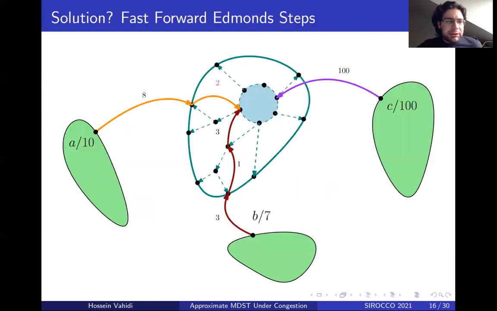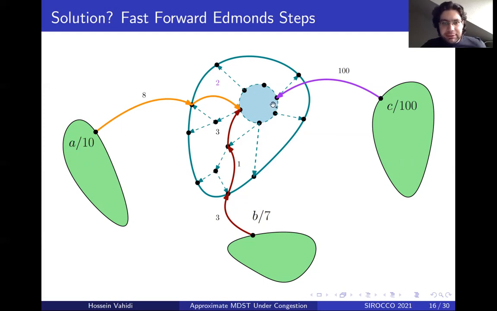So let's take a look. Consider this example here. There are 4 components here. We concentrate on this component here. This is the cycle that has been contracted. So this is the new node with in-degree 0. All the others have in-degree exactly 1. We can actually apply the same argument we had previously.